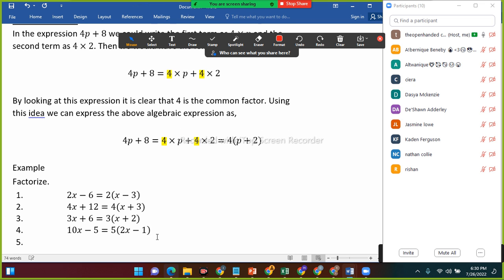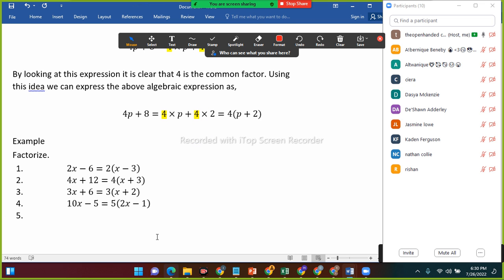So if we look at the next one, say we have, and we could change the letters up so it doesn't have to be x all the time, so if we have 3a minus 9, okay. So Sierra, help me out with number 5. 3a minus 9.